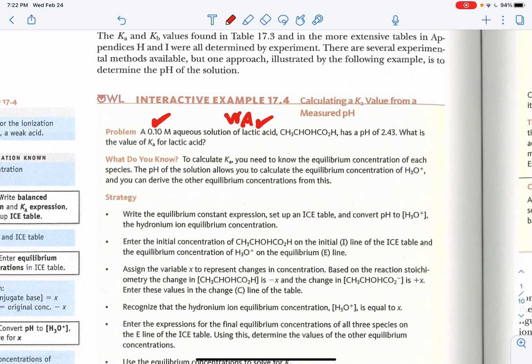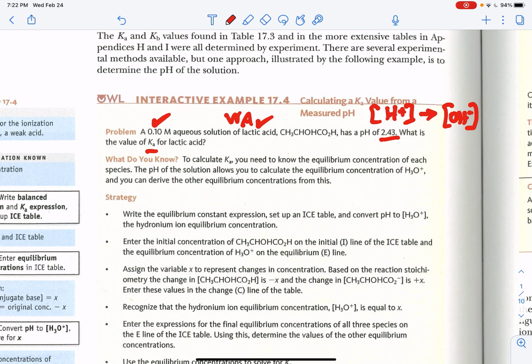You also notice we know its pH. That means that we can find the hydronium ion concentration, and if necessary, we would be able to find the hydroxide ion concentration from that. And then finally, our goal is to find the Ka.